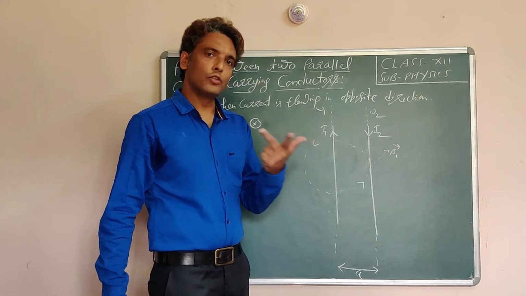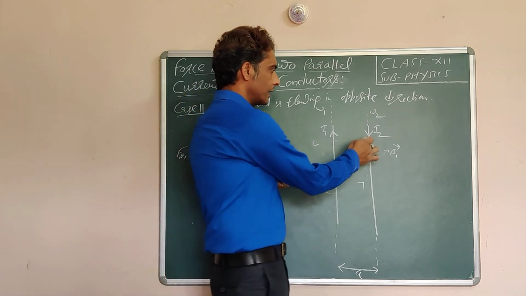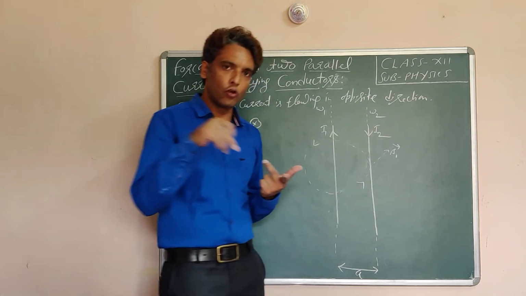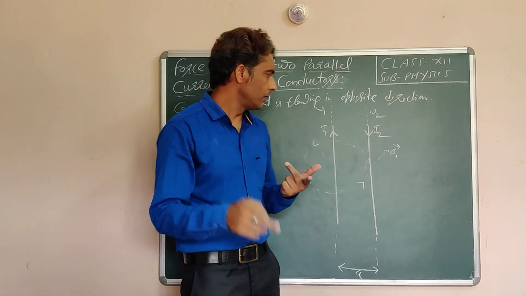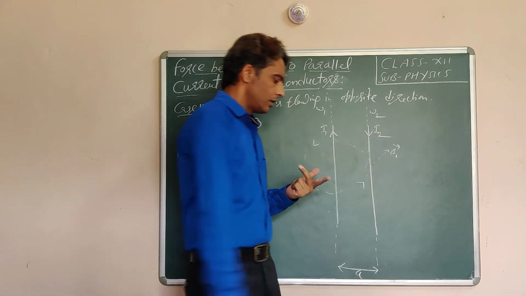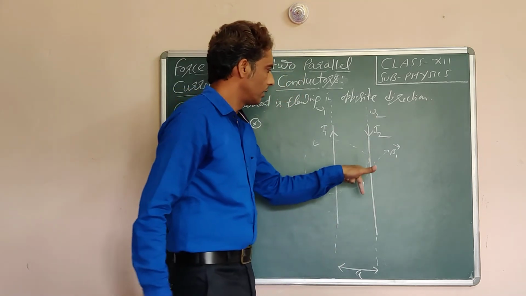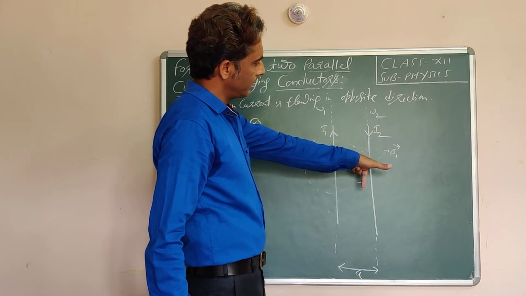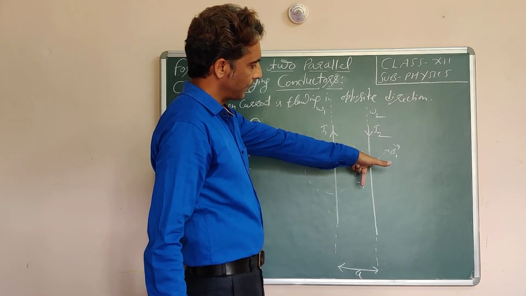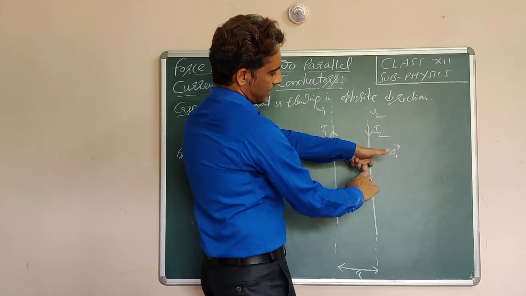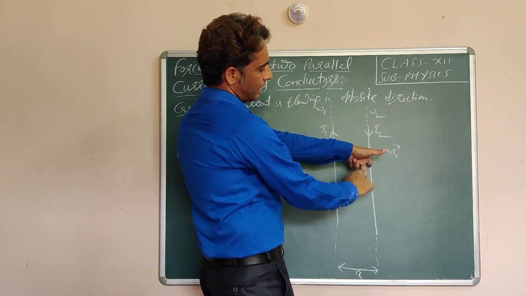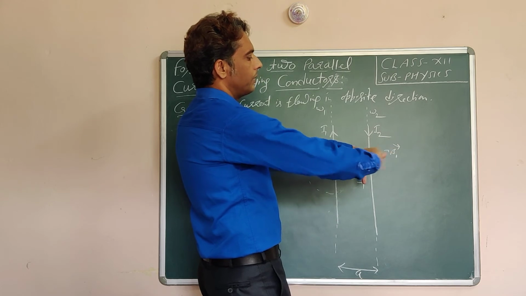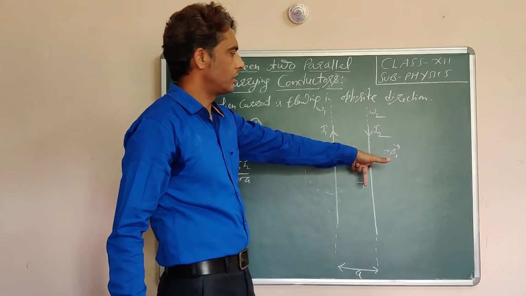So again, if we apply this rule, now the current in this conductor is in downward direction. Magnetic field is still inward. So if I apply this rule, then you can see forefinger points in the direction of magnetic field, central finger points in the direction of current, then thumb is directed toward right.